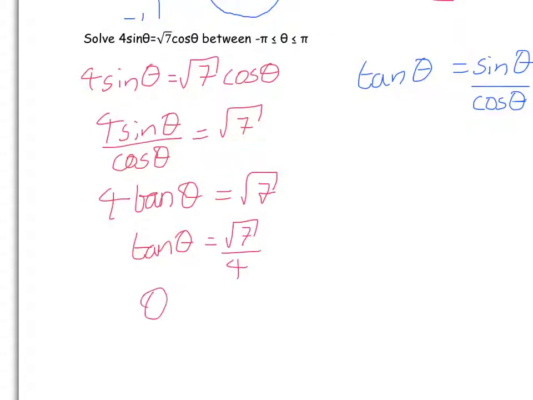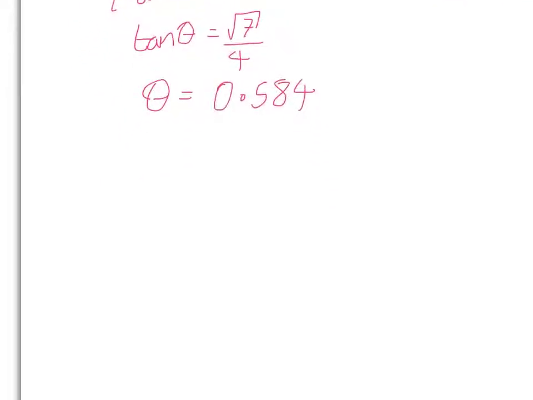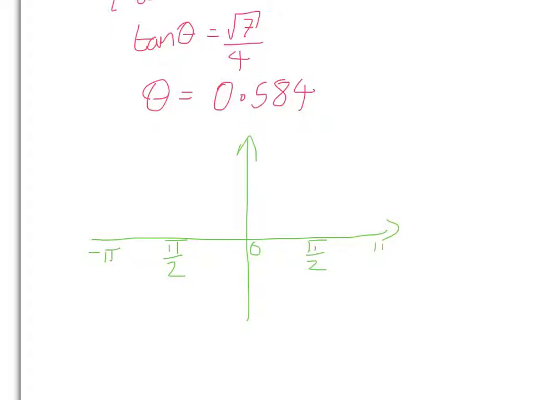Provided you've got your calculator set up in radians and you do tan to the minus 1 of root 7 over 4, you'll get the answer 0.584. Now remember, we're asked to find all the solutions between minus pi and pi. So like we did with the cosine one, we need to sketch the tan graph between minus pi and pi: minus pi, minus pi over 2, 0, pi over 2, and pi.